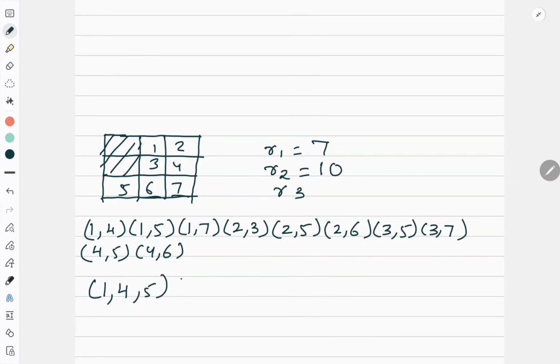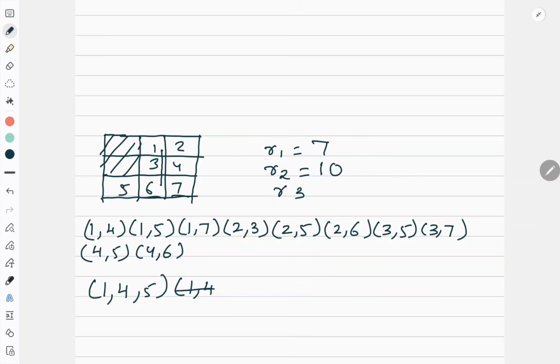Yes, working. 1 and 4 if they are together. 6 will work? No, 6 will not work because 1 will capture 6. See, 1 and 6 are in the same column. So that will capture. So 1, 4, 6 will not work. 1, 4, 7 will it work? No, 4 and 7 will capture each other.